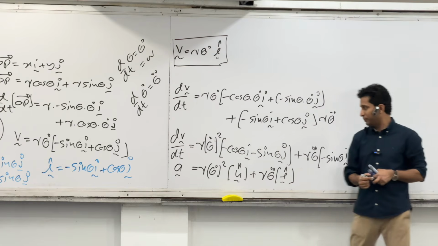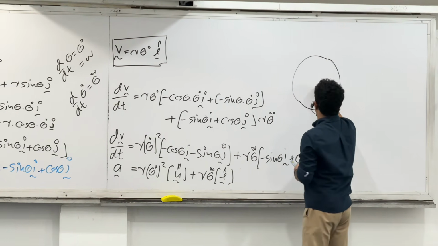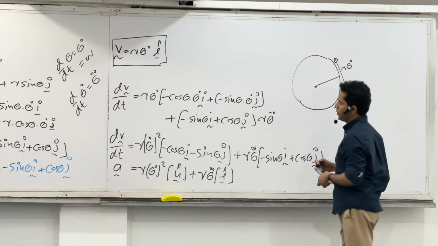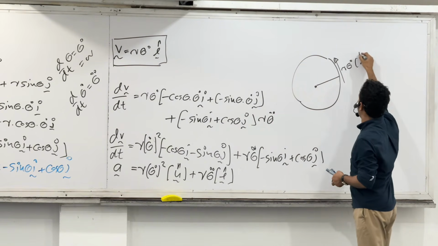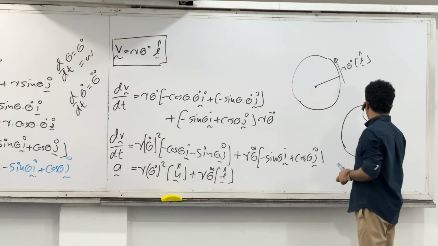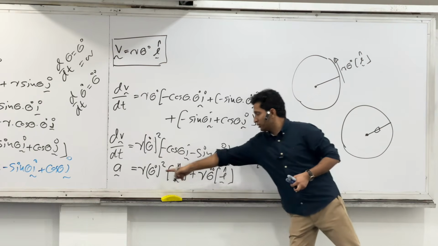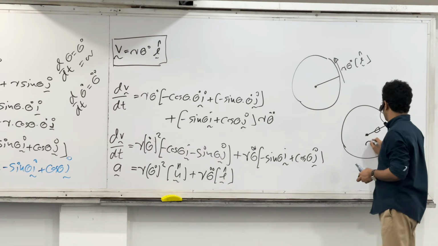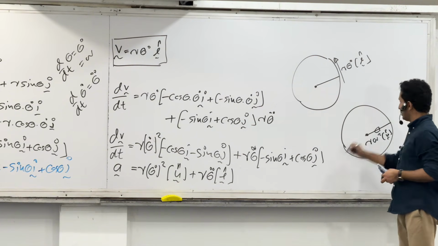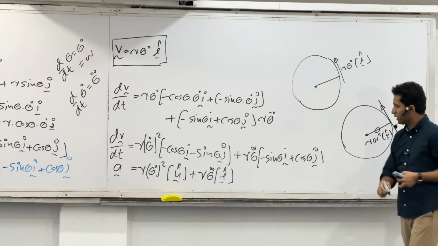In the first result we found the velocity in this direction, r theta dot times l hat. And again we found the acceleration has a component towards the center, r theta dot squared, that is r omega squared times u hat, and another component in this direction.